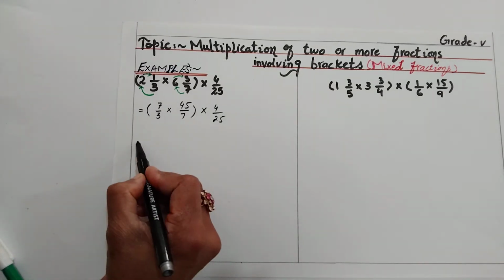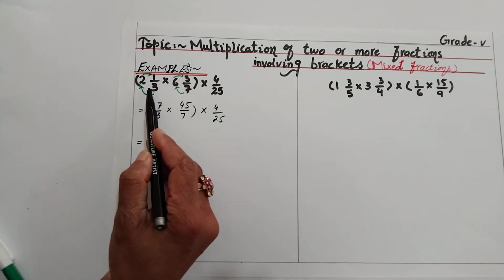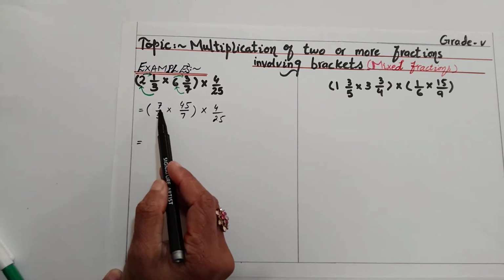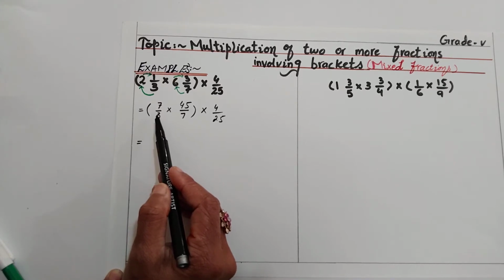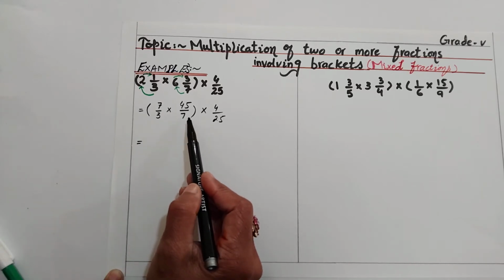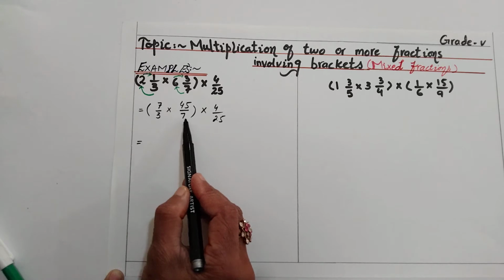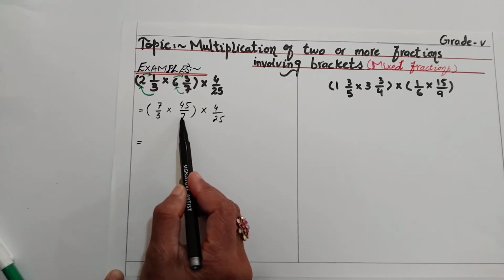Got it? Now the mixed fractions are in the form of simple fractions. Here we will continue the same procedure as I told you in the previous lecture. So what was the concept? Firstly we have to solve the fractions inside the bracket.